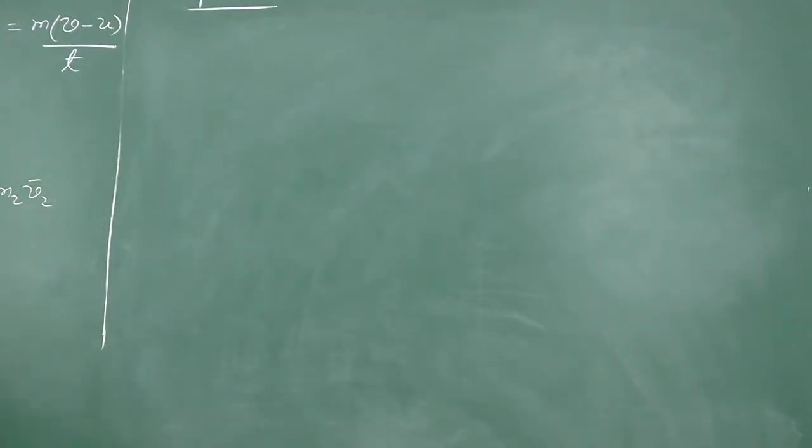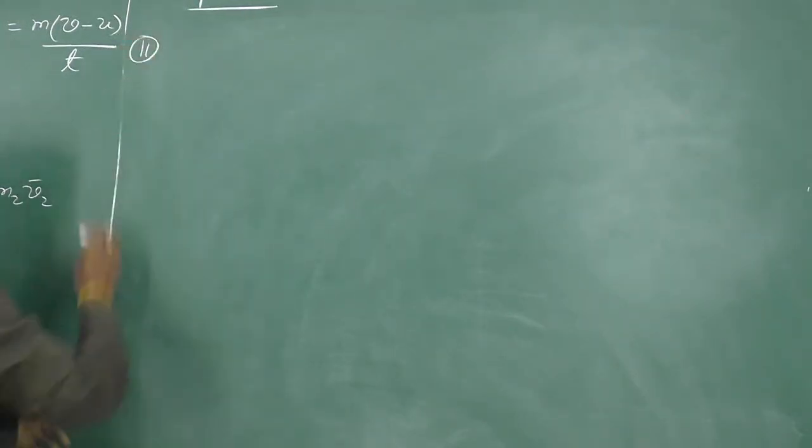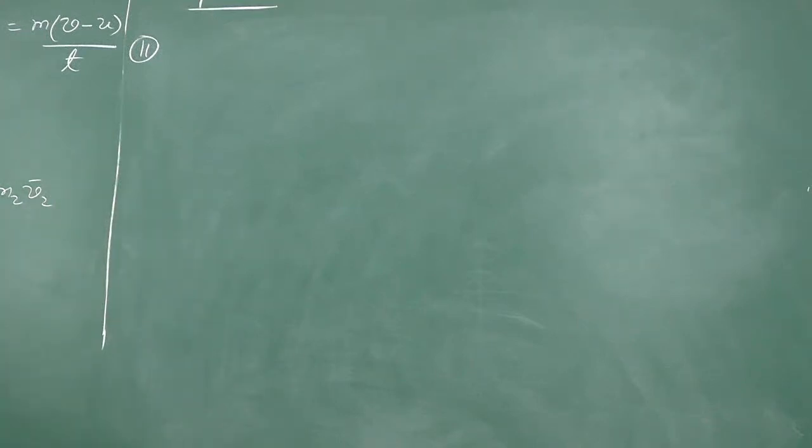Next, 11th problem. 3 identical blocks, each of mass 10 kg, are pulled as shown on the horizontal frictionless surface. If the tension in the rope is 30 Newton, what is the acceleration of each block, and what are the tensions in the other ropes?